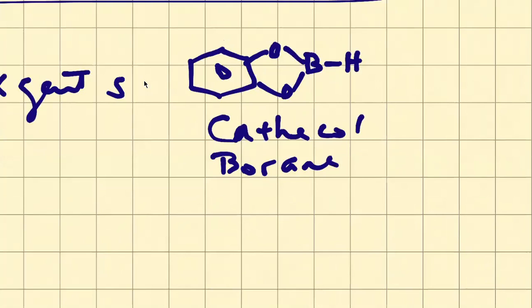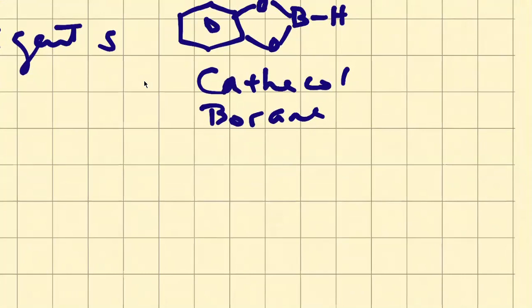One reagent that's used for hydroboration of alkynes, and then also, and it depends on the type of alkyne that you're working with, also thexylborane. Depending on which type of alkyne you're working with, that's going to determine whether you use the catechol or the thexylborane.